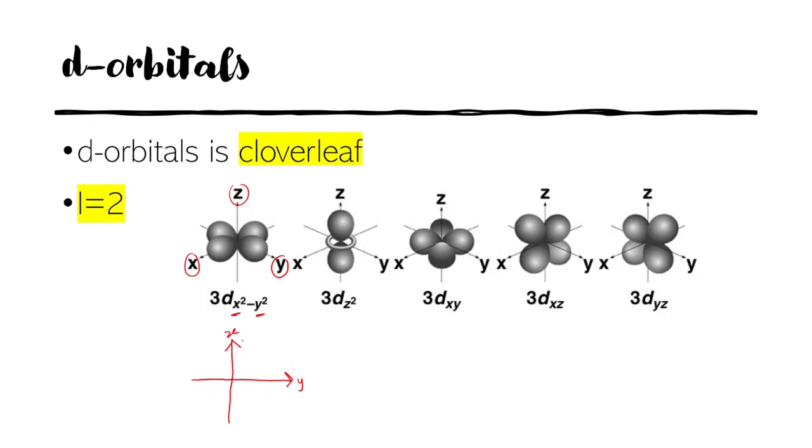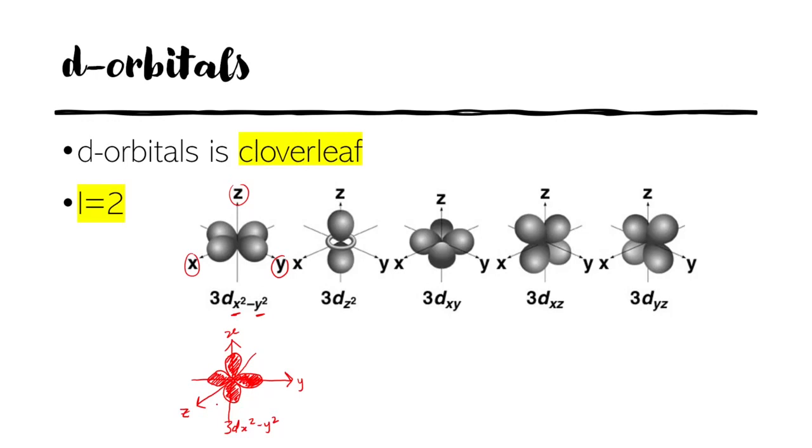The cloverleaf shape is actually on the axis, so you draw the cloverleaf on the axis like this. Then you shade everything fully until everything becomes black. So this is your dx square minus y square. If this exists at orbit 3, it will be 3dx square minus y square.